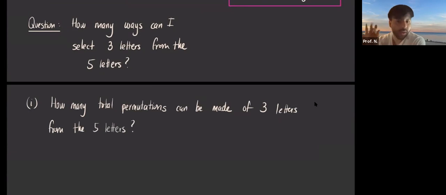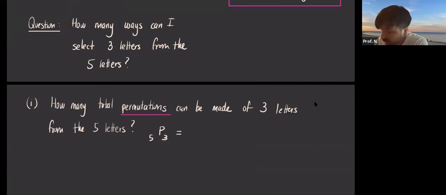And this should be easy now, I hope, right? Because we just talked about permutations. So how do we compute that? Jayton, I like that example you said. It's 5P3, right?